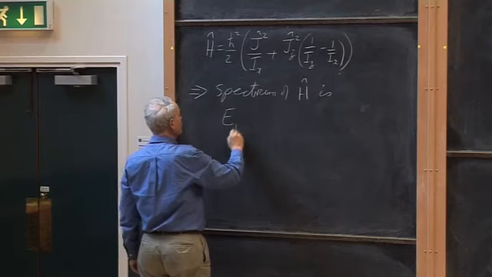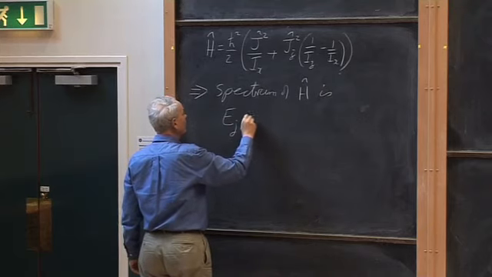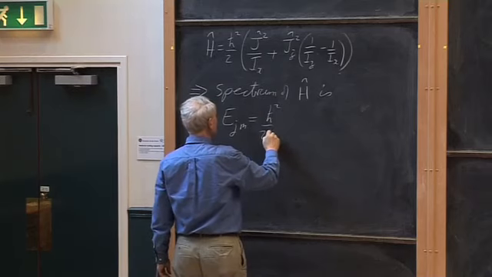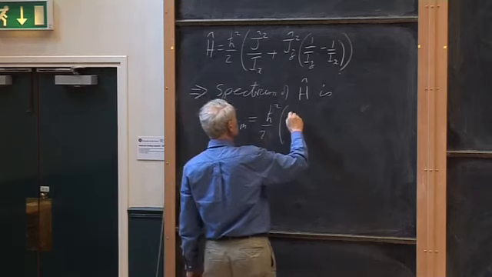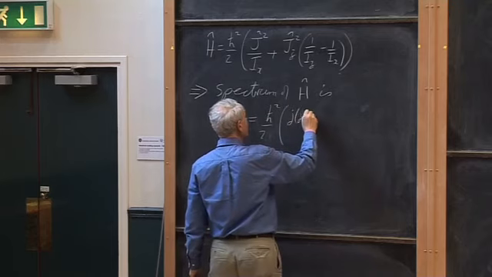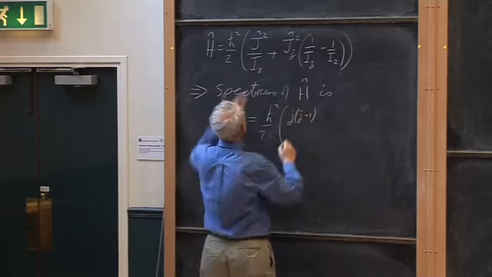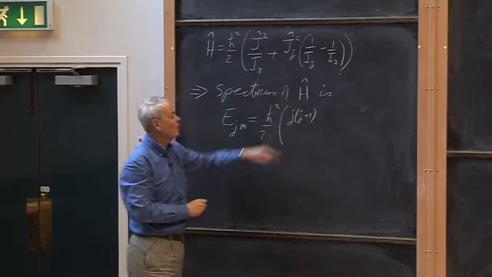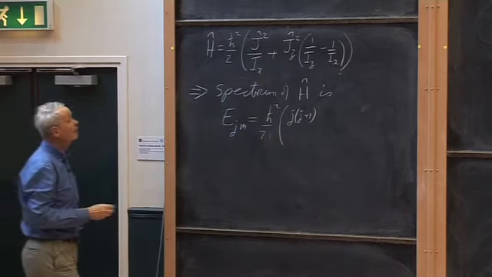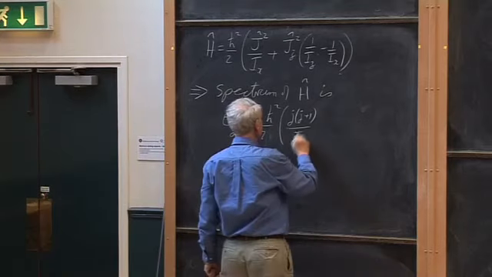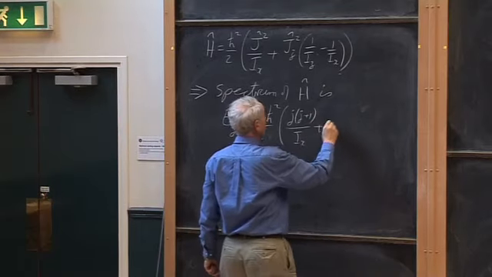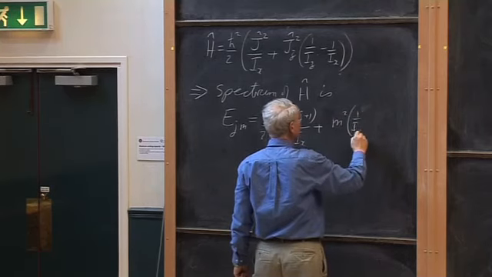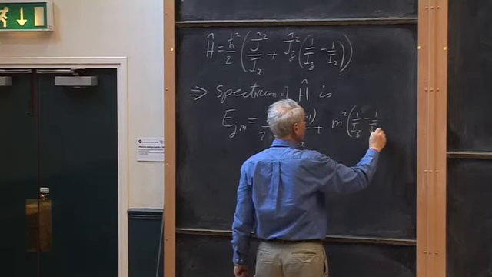E_{j,m} is going to be h bar squared over 2 times [j(j+1)], because, remember, we showed the eigenvalues of this were j(j+1), where j is allowed to be an integer or a half integer, divided by Ix, plus m squared times (1 over Iz minus 1 over Ix).